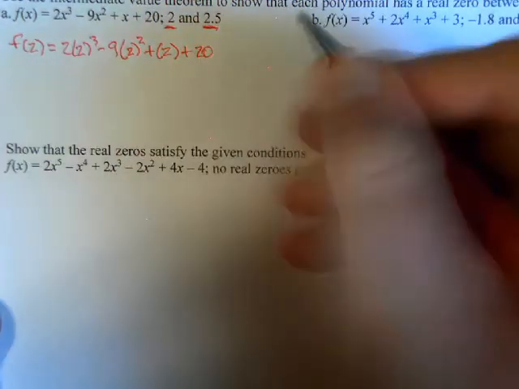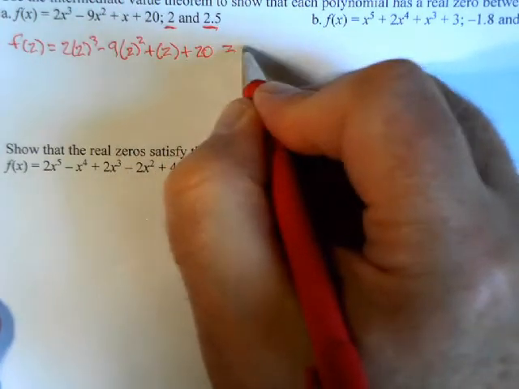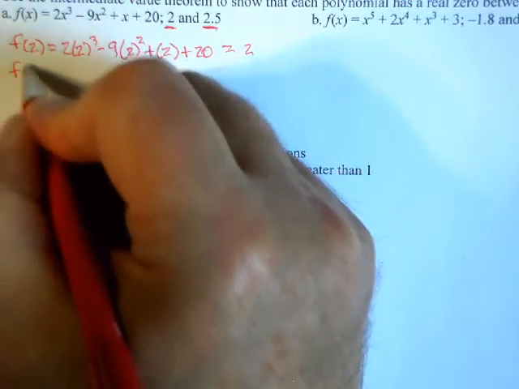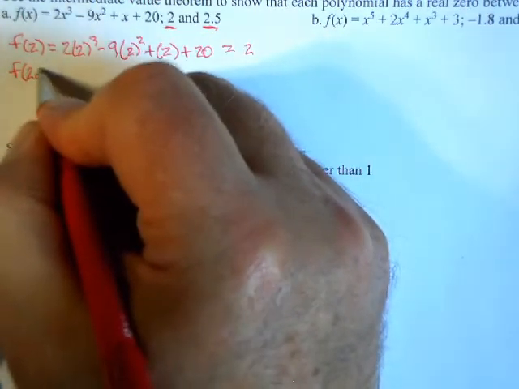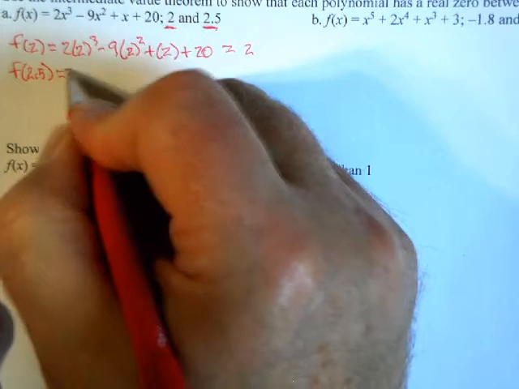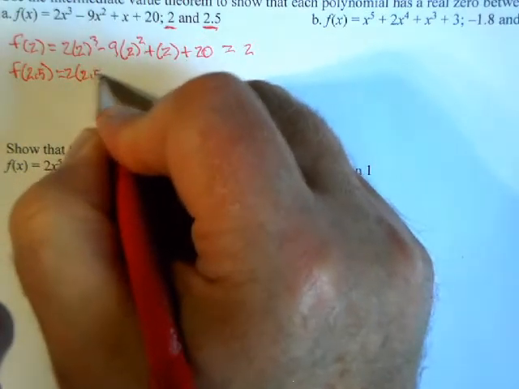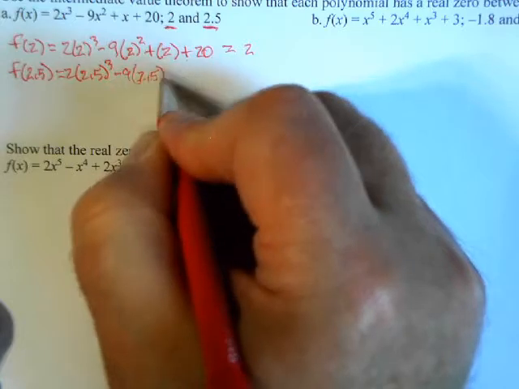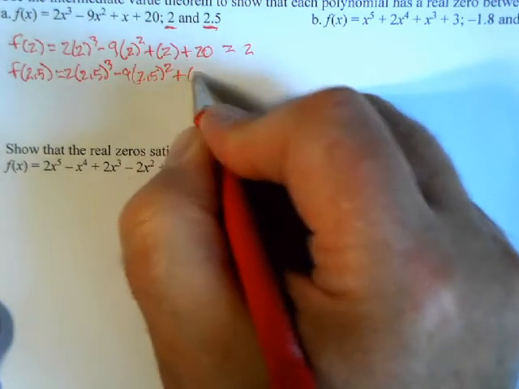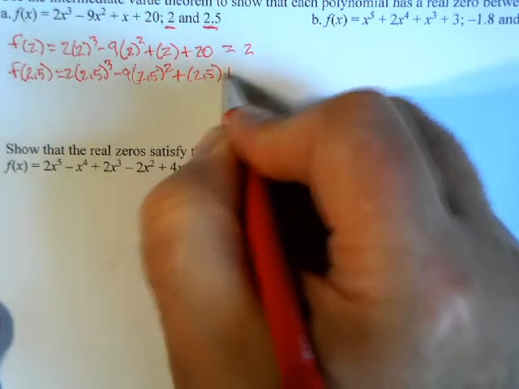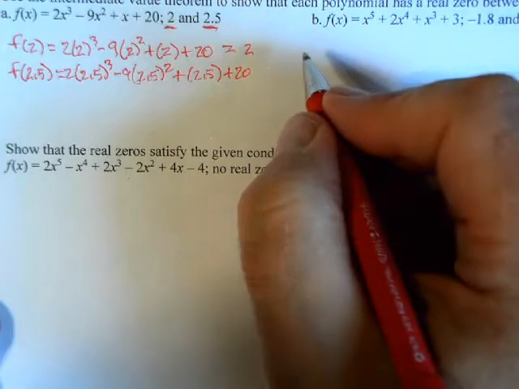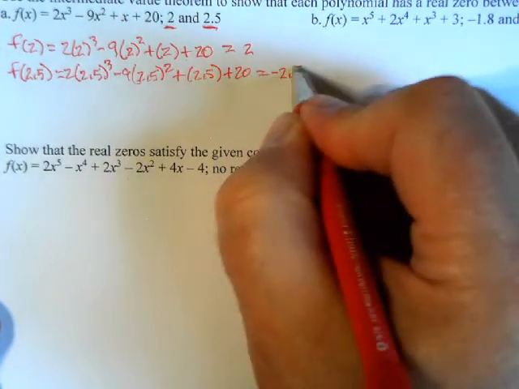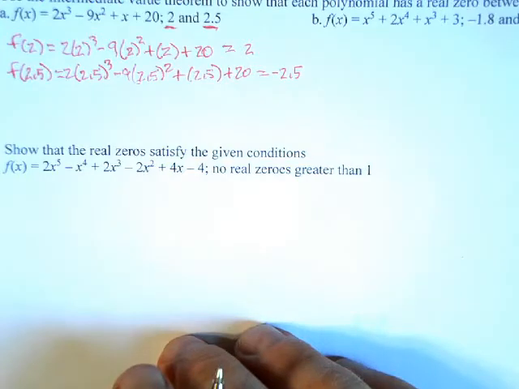And then we'll look at 2.5, which is 2 times 2.5 cubed minus 9 times 2.5 squared plus 2.5 plus 20. And this one actually equals negative 2.5. Now, by the way, this is coincidental that plugging in 2 gave us a 2 and plugging in 2.5 gave us a negative 2.5.